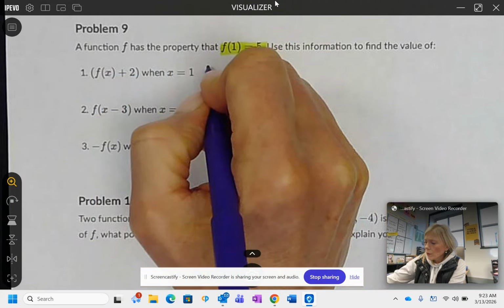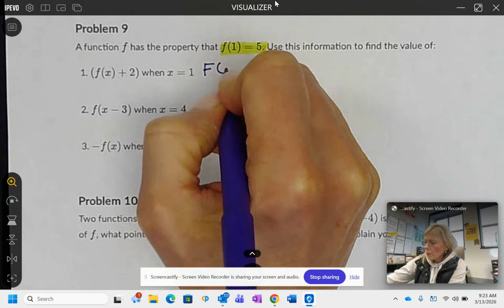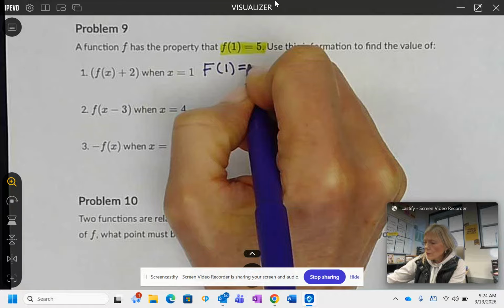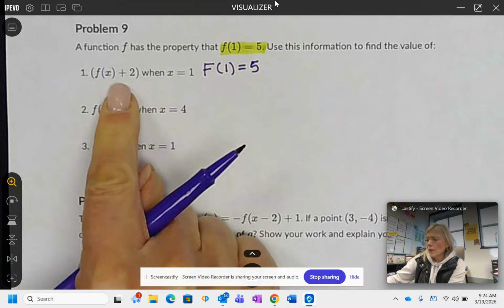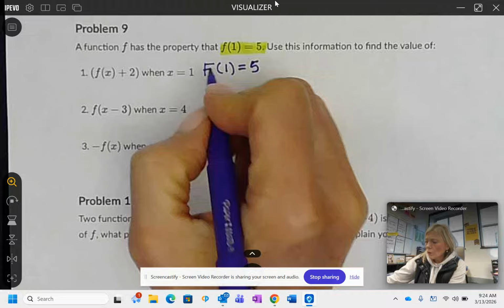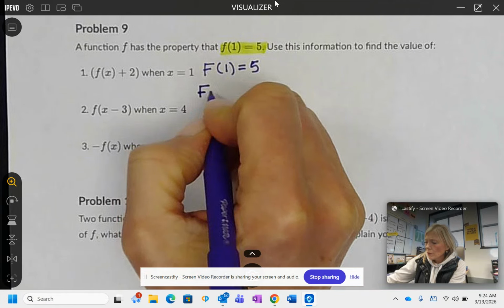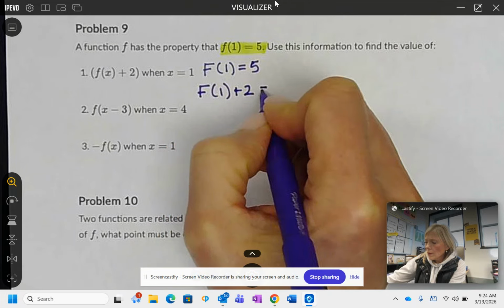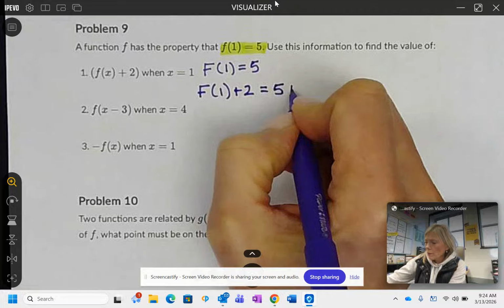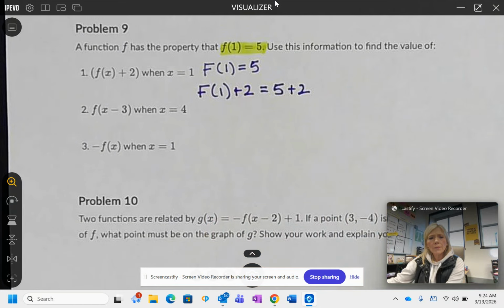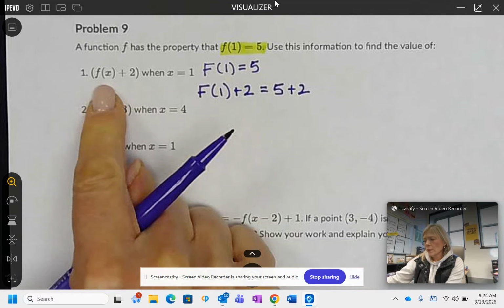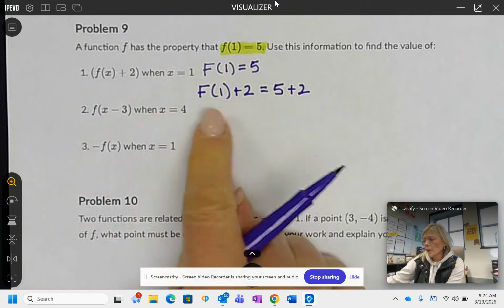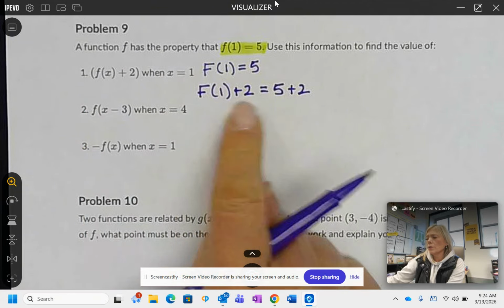Now it's saying to add 2, so it's also equal to 5 plus 2, right? So this is just telling me f of 1 plus 2. F of 1 plus 2 is 5 plus 2, which is 7.